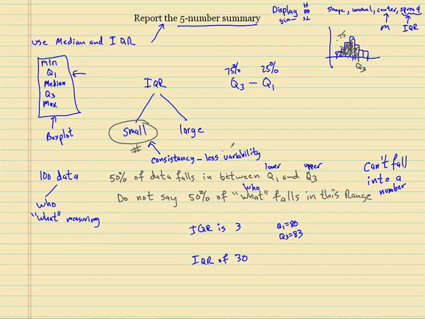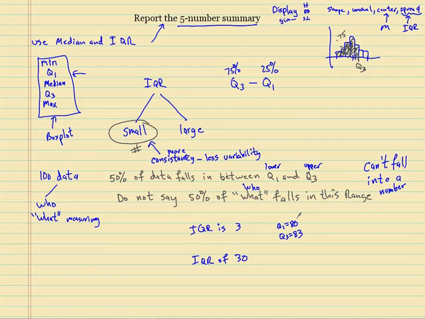Remember I said when I think of spread, I think about how much the data varies from each other. So the bigger the spread, the bigger the IQR, the more the data vary from each other. The less the data varies from each other, the smaller the IQR would be. The less variability you have, the more consistency.